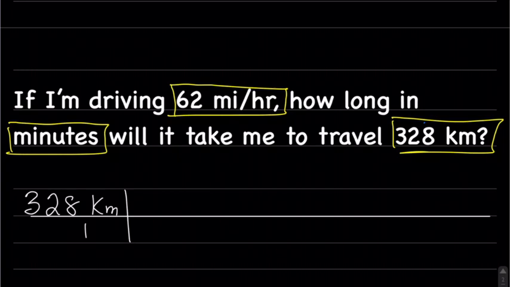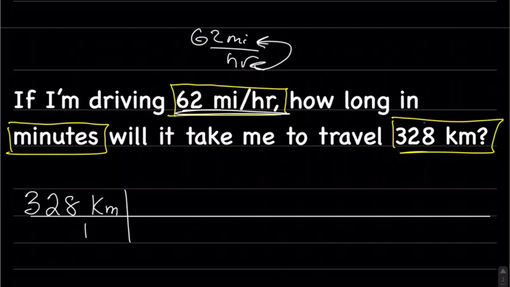I want to be able to cross out that distance, and I also want to end up with time. So if you look here, I have 62 miles per hour with miles at the top, and I kind of want the distance in the bottom, and hours at the bottom, and I really want the time at the top, right? So I'm going to take this and I'm going to flip it. And I'm going to say in 1 hour, I'm driving 62 miles.